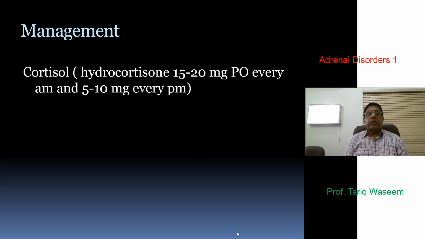The main hormone which is deficient is cortisol, and the usual required dose of cortisol is around 15 to 20 milligram given orally in the morning, and by evening, since the activity level goes down, a lesser amount is required, which is around 5 to 10 milligram given in the evenings.